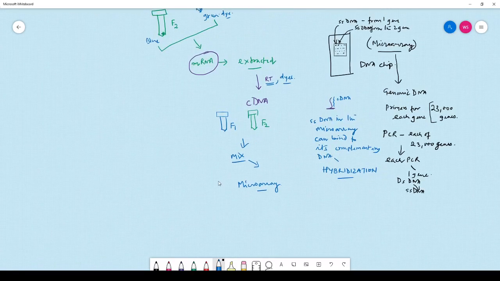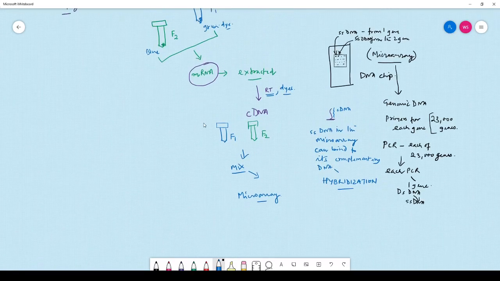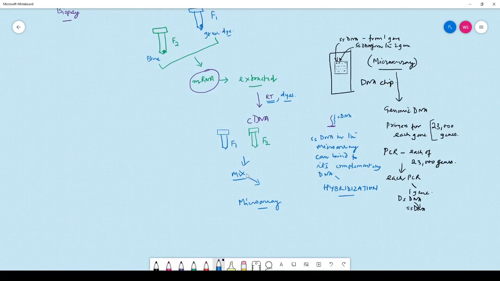So now what will happen is the genes which are complementary to the single-stranded DNA will get attached. Then we will wash it, so the unbound one will be removed. Whatever is attached, we will find out. Then the microarray is scanned.